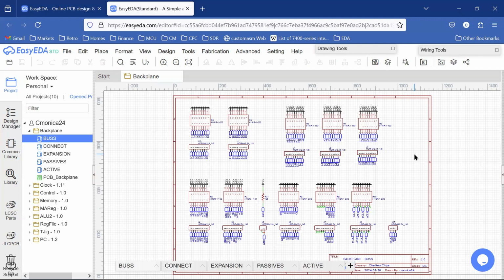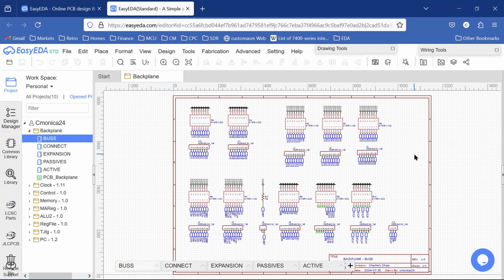Now, one of the other things that I had to make a decision on was how we were going to support testing on the backplane. So we had our testing jig to individually test all of the cards, and I wanted to have a way to validate the backplane, right?